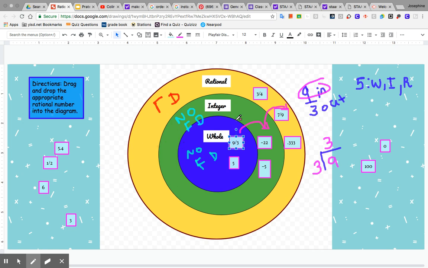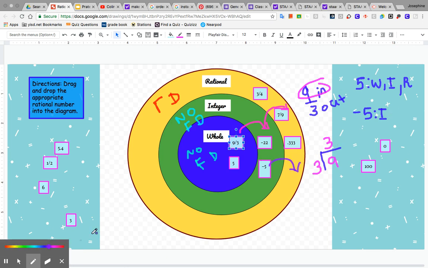Okay, so now let's look at the integers. Negative 5 is not inside of the whole number section, but it is an integer, right? So I'm going to go into classifying negative 5. Negative 5, its first classification is integer, but it is also included in the rational number ring.